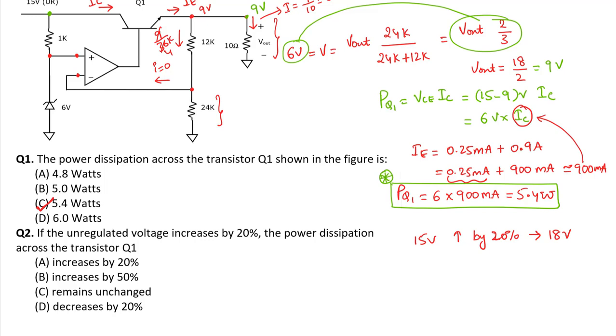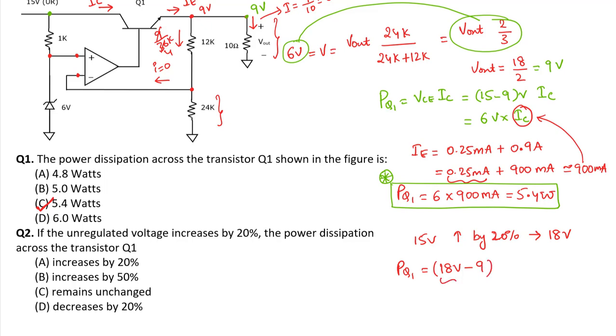So for the second question, PQ1 will be equal to, now we have to see for the highest voltage, which is 18 volts. This will be 18 volts minus, as it is a regulated power supply, the output voltage will still be at 9 volts because the Zener voltage hasn't changed. It is still going to be at 9 volts. So we'll take minus 9.